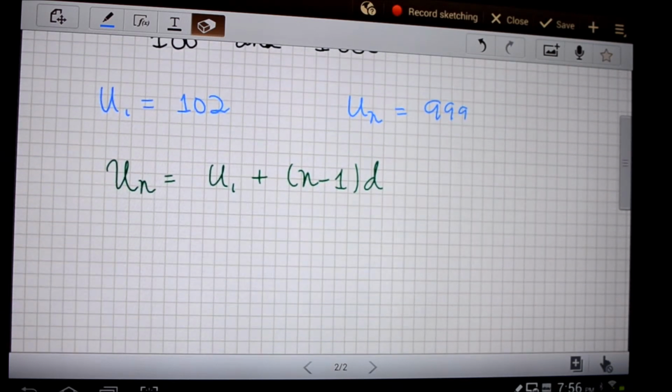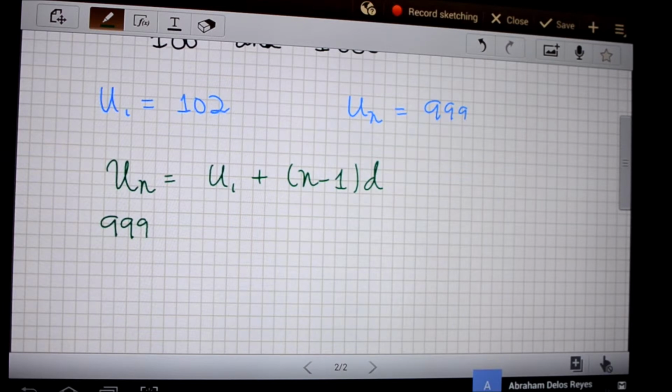Now we're trying to find the term number that goes with this last term right here, because that will tell us how many terms we have in this sequence. So we're going to say 999, that's our nth term, equals U1, which is 102, plus, parentheses, n is what we're trying to find, and the common difference is 3, because we have multiples of 3.